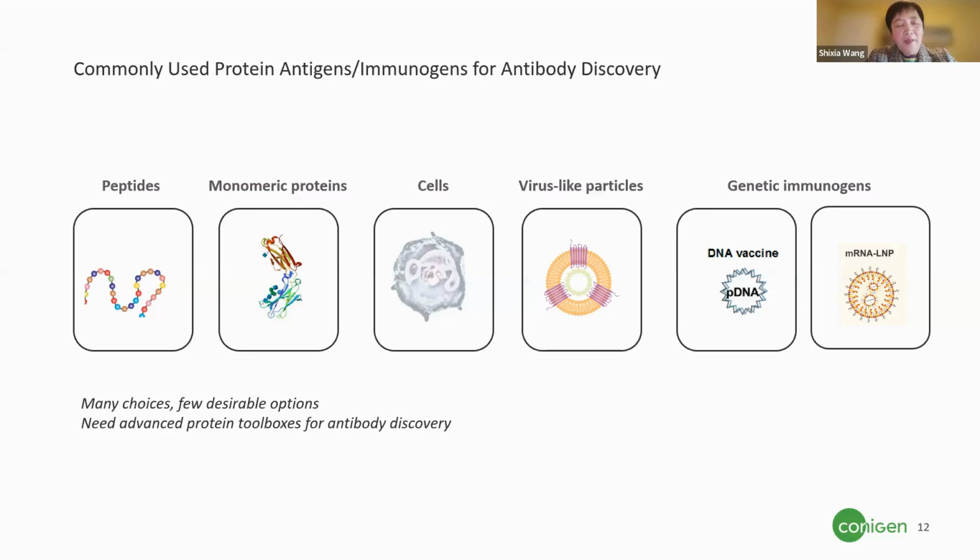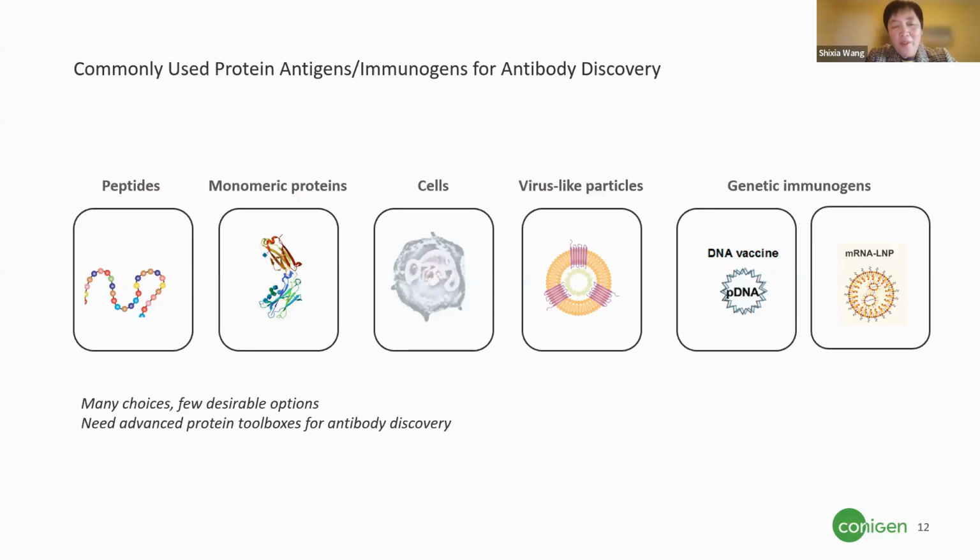For example, the peptide. The peptide is easy to produce. However, peptides usually do not have conformational epitopes, only linear epitopes. And also peptides are not immunogenic. Most of them are haptens, so the haptens have to be conjugated to a carrier protein to generate antibodies. When you use a carrier protein, the majority of the time the antibodies generated against the carrier protein overcome the target antibodies.